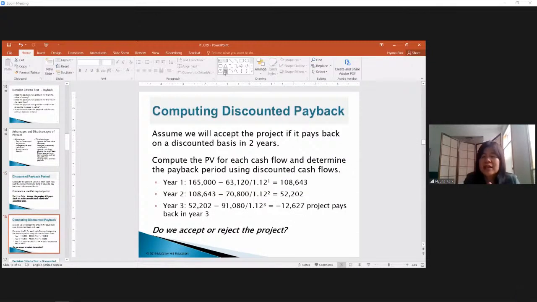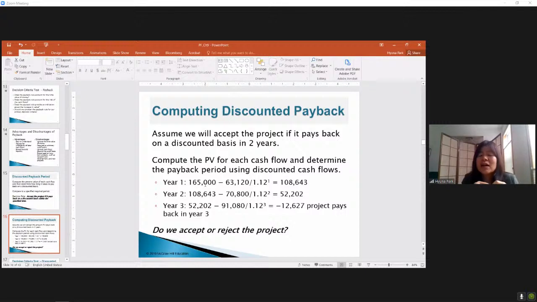The decision rule is to accept the project if it pays back on a discounted basis within the preset limit. Applying this rule to the numerical example we have been using: the year zero cash flow is 165,000, no difference, because it's already a present value.